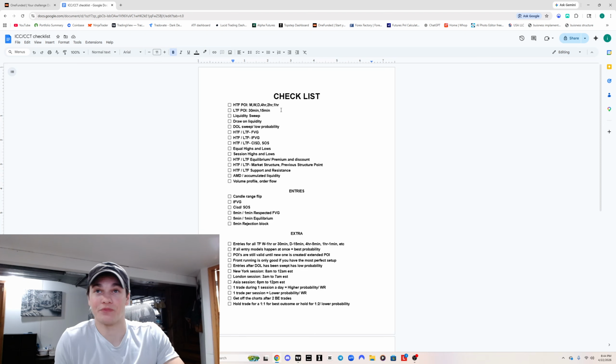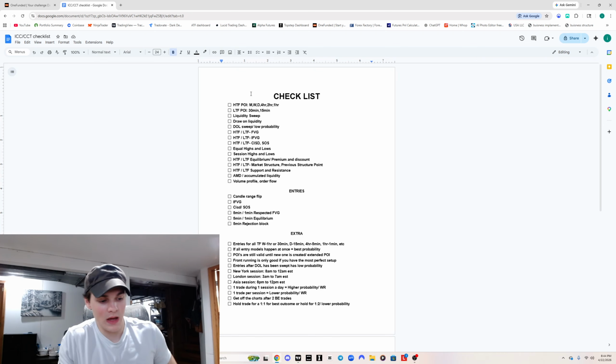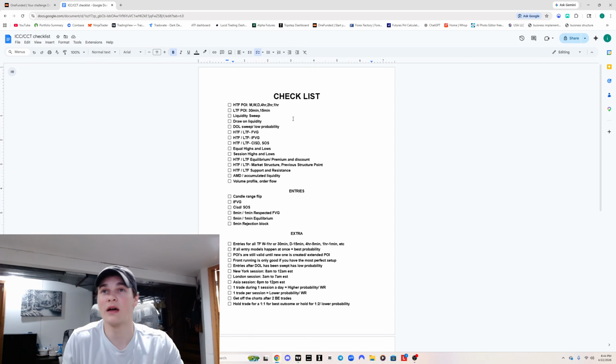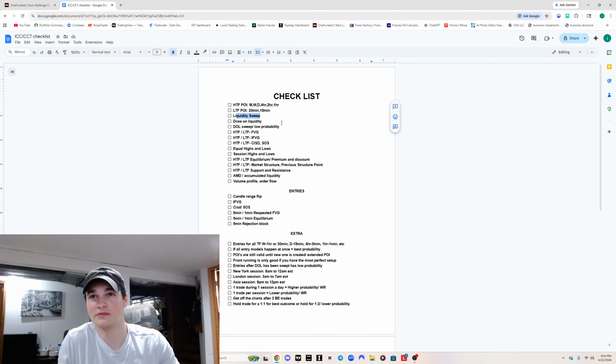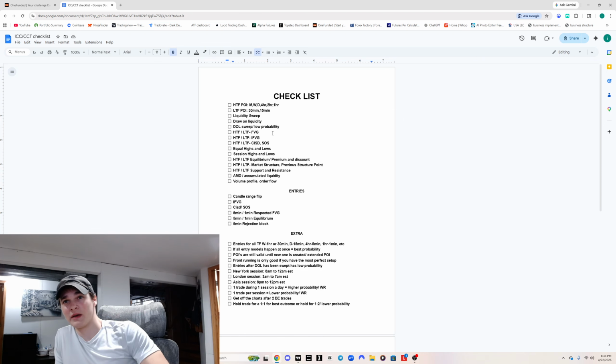But this is what we're going over. Literally, all my strategy really consists of is having a bullish or bearish higher time frame and lower time frame POI, point of interest, or bullish or bearish level, a liquidity sweep level, draw on liquidity level, and what a draw on liquidity sweep is, which is very low probability, which I marked out.